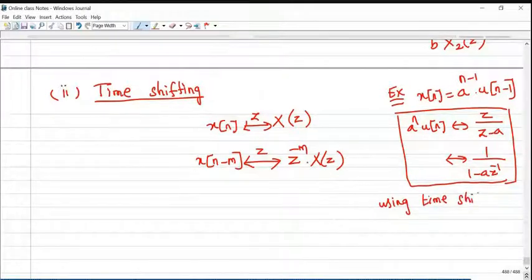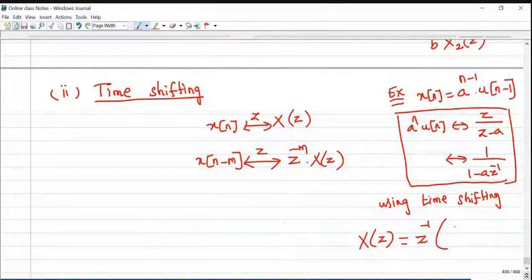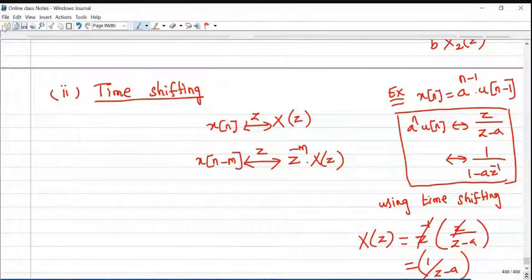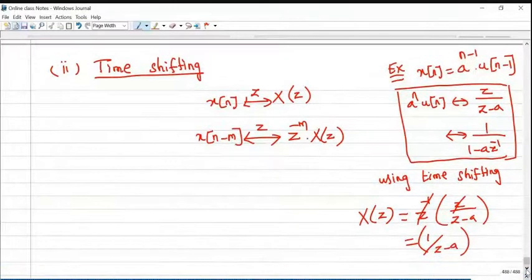Using time shifting property, x of z equal to z power minus 1 into z divided by z minus a. Okay, so it will be cancelled: 1 divided by z minus a. This is your result using time shifting property. So you have to identify whether that particular problem can be solved directly with the help of the Z transform formula or using any one appropriate property of Z transform.